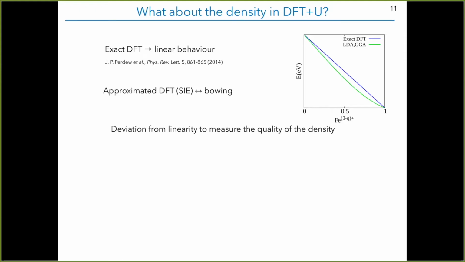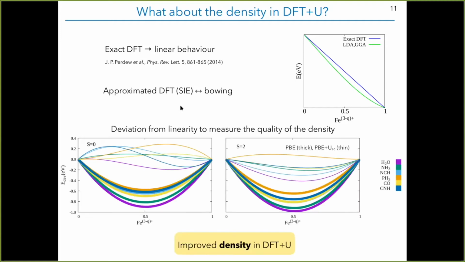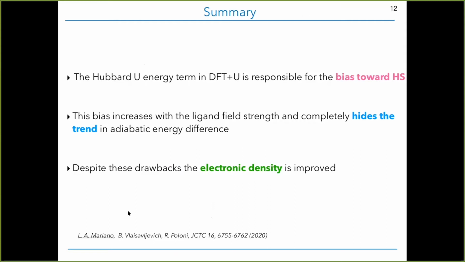So we can measure the quality of the density, or the amount of self-interaction error, by computing the deviation from linearity of the functional under investigation. We did so for PBE, here represented as thick lines, and PBE plus U, the thin lines. And as we can see, the introduction of the Hubbard term systematically improves the quality of the electronic density.